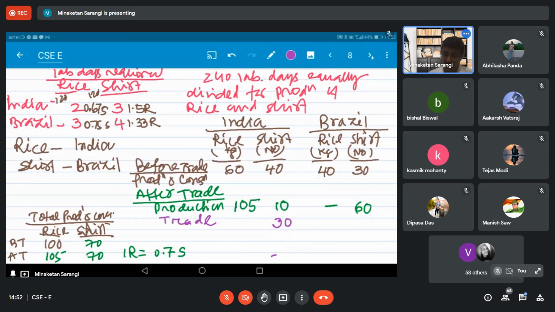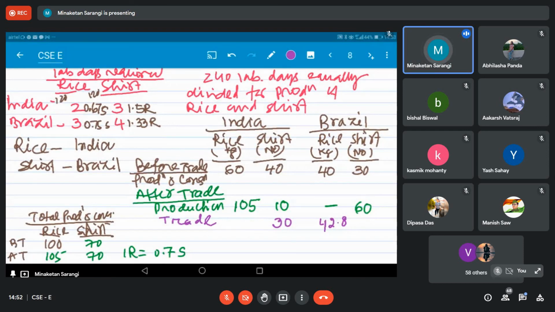How much are we getting? This is 42.8. So we are getting 42.8. This is the exchange.